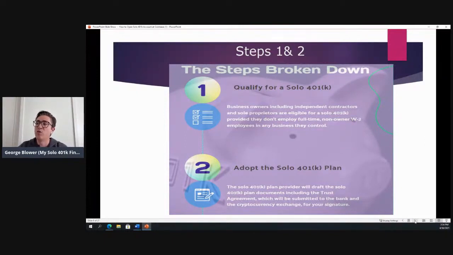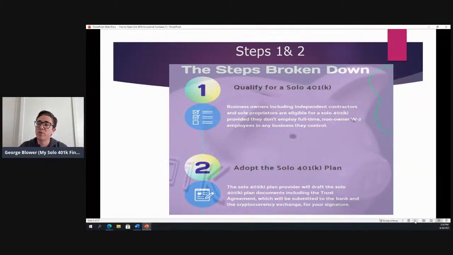Ultimately what's important is that you are self-employed, reporting earned self-employment income on your taxes, such as on Schedule C in the event of a sole proprietor, or W-2 wages if your business is taxed as an S corporation, and that there are no non-owner full-time W-2 employees working for any business that you own or any business owned by a spouse, if any.